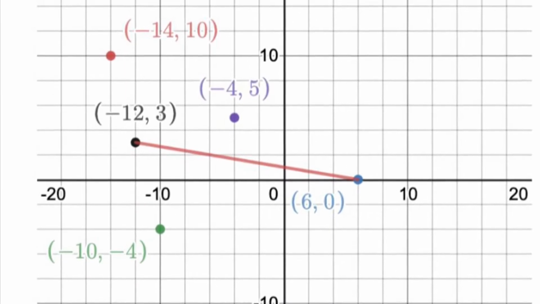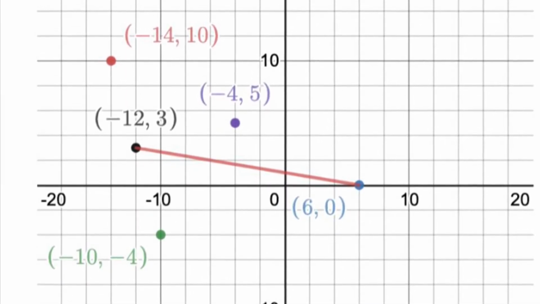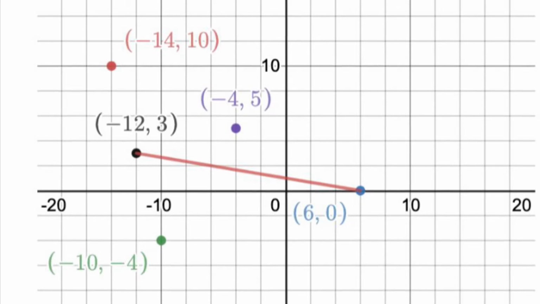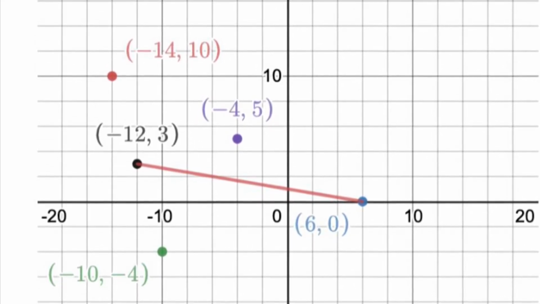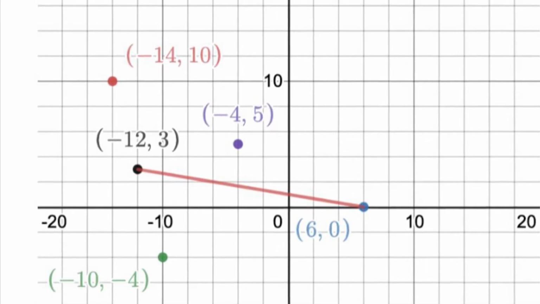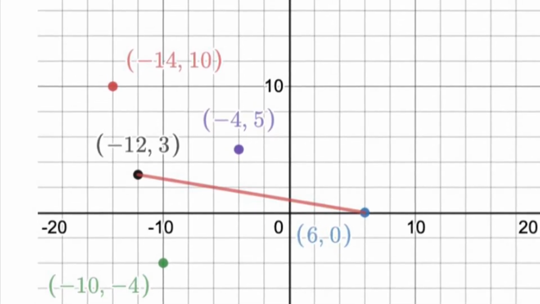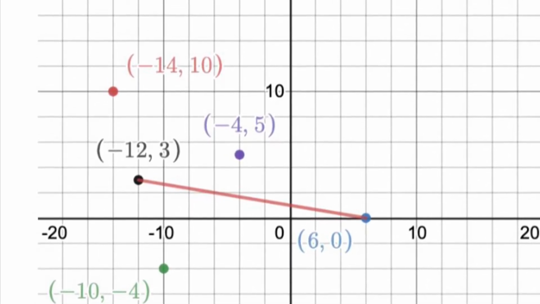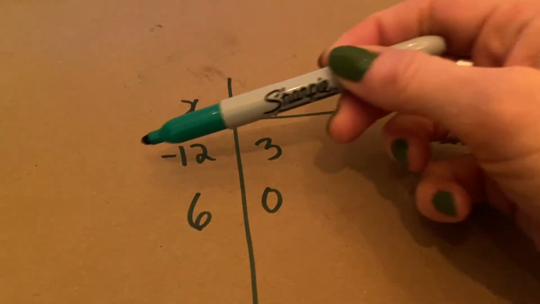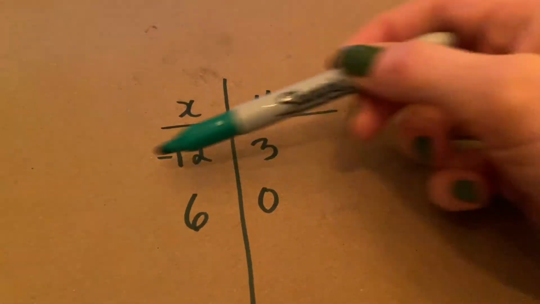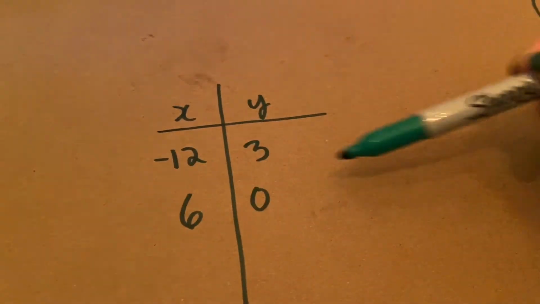I've drawn my first median using Desmos. Now, how are we going to come up with that equation? I need to find the slope between the point -12, 3 and the point 6, 0. So let's do that right now together. I've put the 2 points here. This is the midpoint of the one line. This is the opposite vertex.